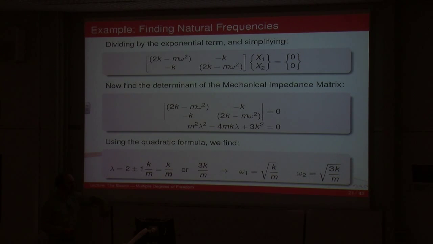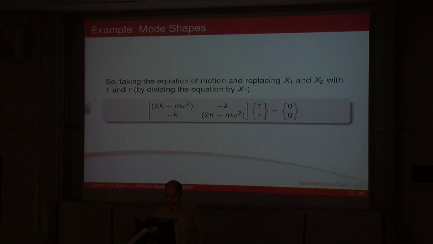And so omega 1 is the square root of that, and omega 2 is the square root of that. So you get these two natural frequencies, omega 1 and omega 2. And then to find the mode shapes, you stick these back into this equation in place of omega, and then you can solve to find that vector. So there's the general form.